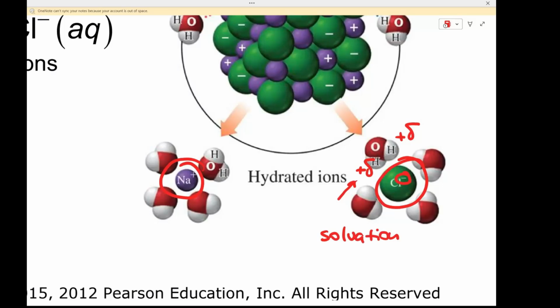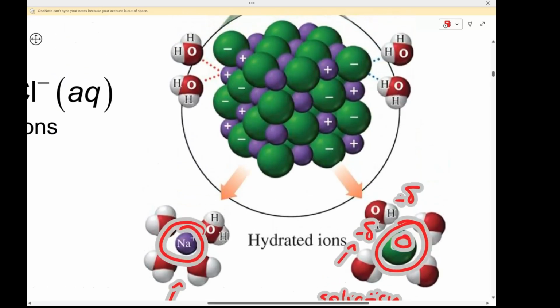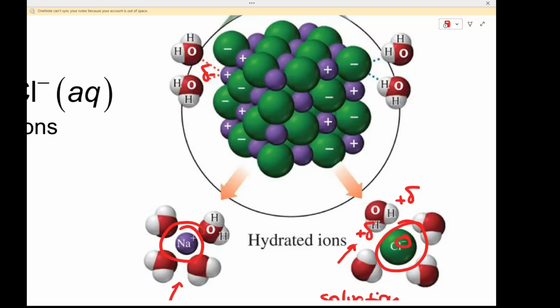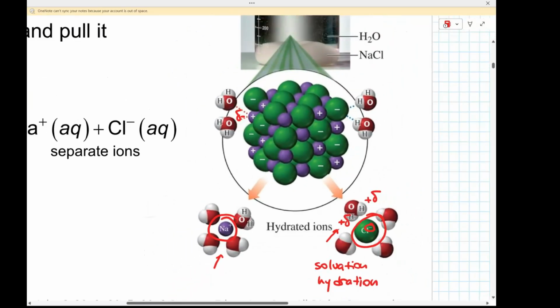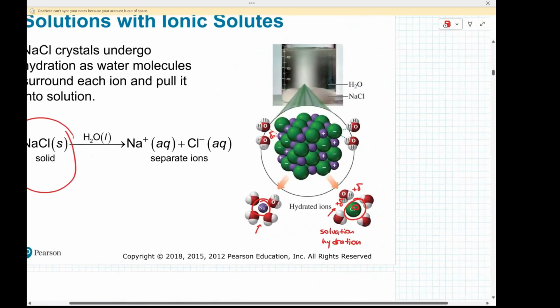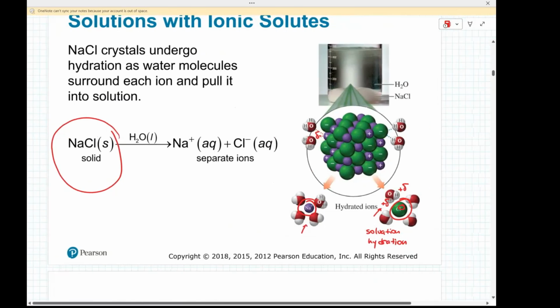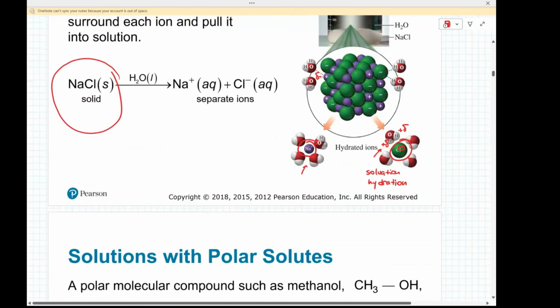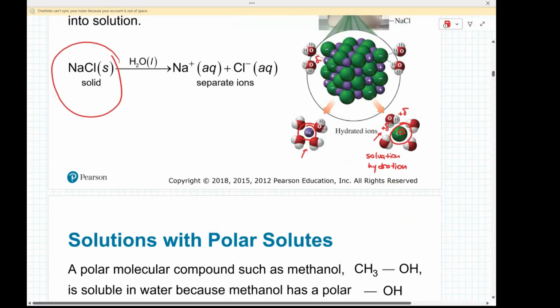So chloride is solvated, but we can say hydration. The same is true for sodium, because oxygens, as you may remember, have a partial negative charge. So positively charged sodium ions will interact with oxygens of water, forming hydrogen bonds, essentially.